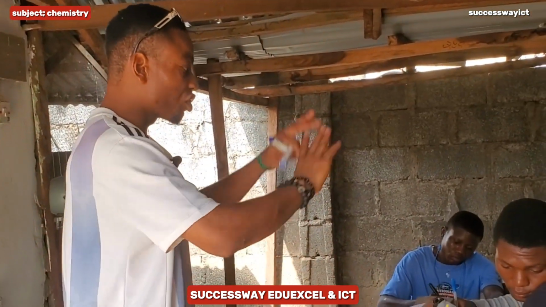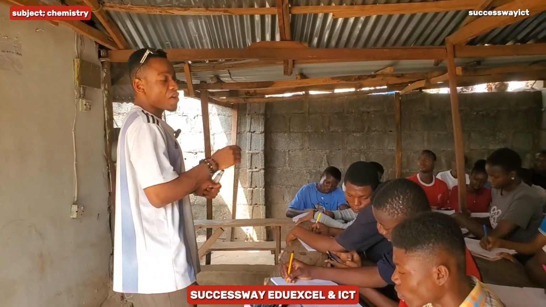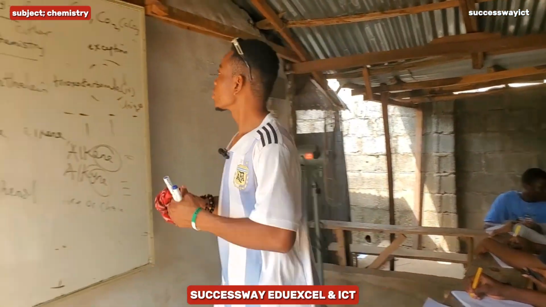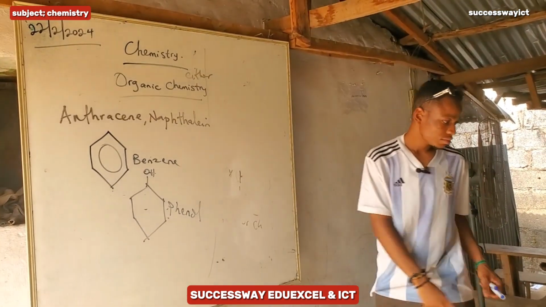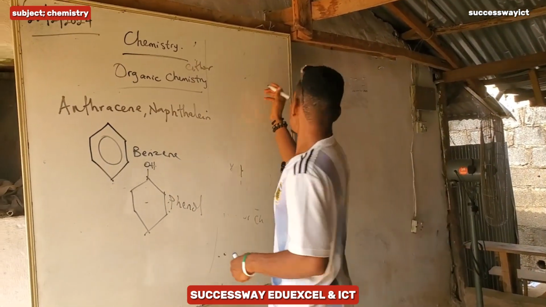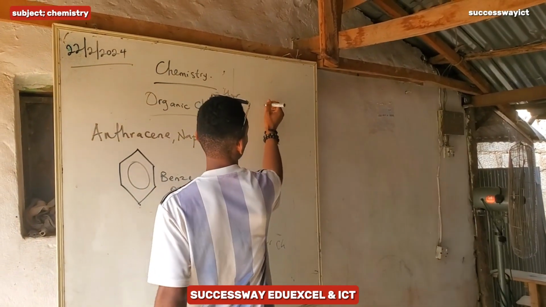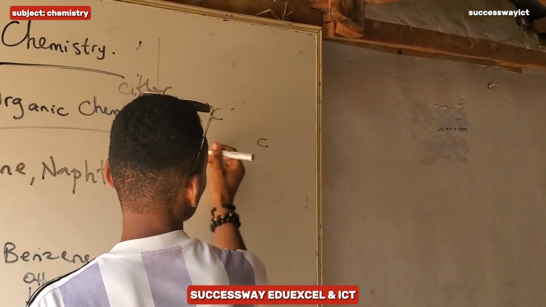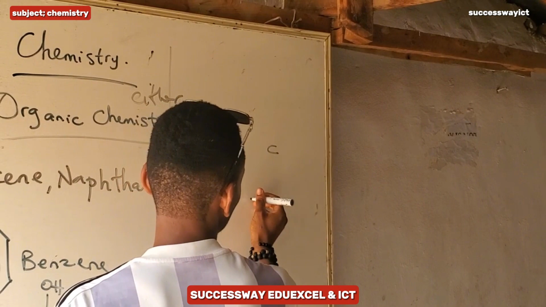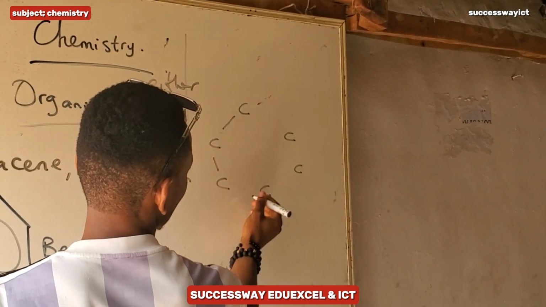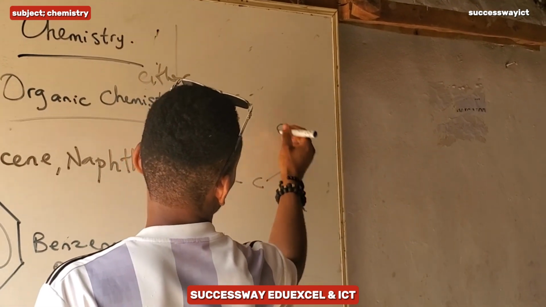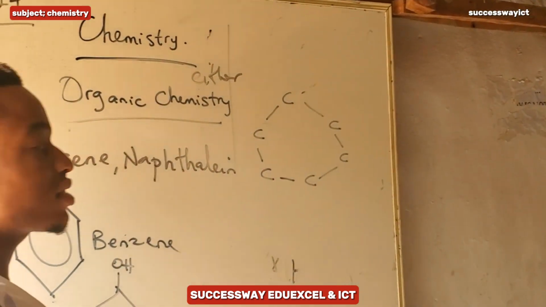You know benzene has 6 rings. Benzene can be drawn in different forms. We have another structure of benzene. You know benzene has 6 rings, right? 1, 2, 3, 4, 5, and 6. So attach them. Then we have triple bonds on one side, right?